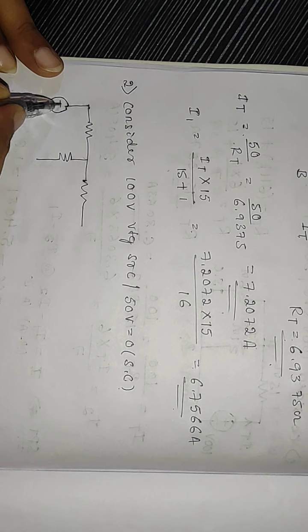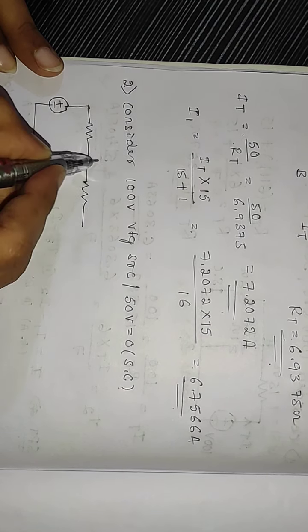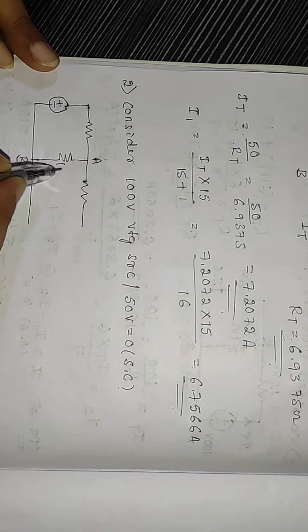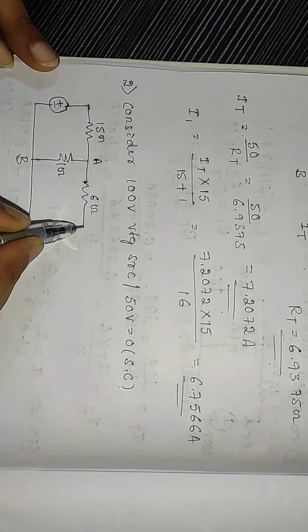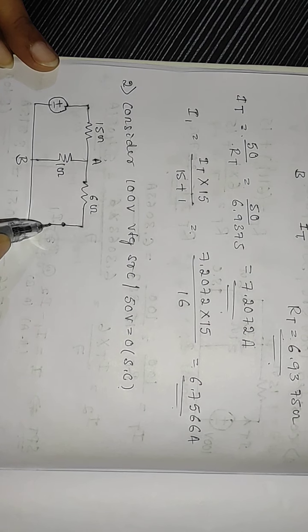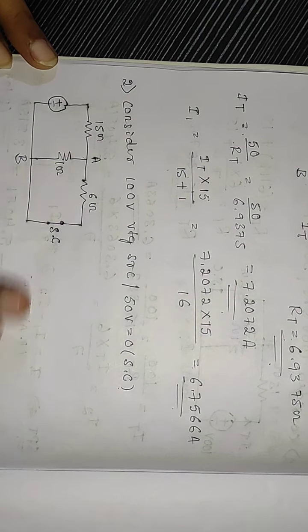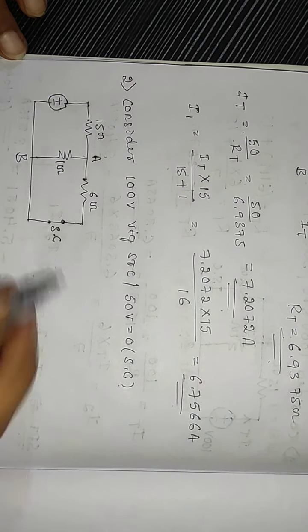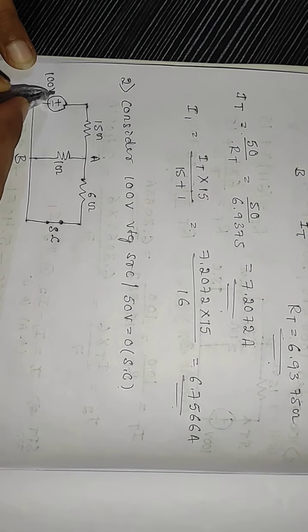Here I have to consider 100 volt. Say AB terminal: this is 1 ohm, this is 15 ohm, this is 6 ohm. Here the 50 volt source goes to 0, short circuited. Here this is 100 volt, right?